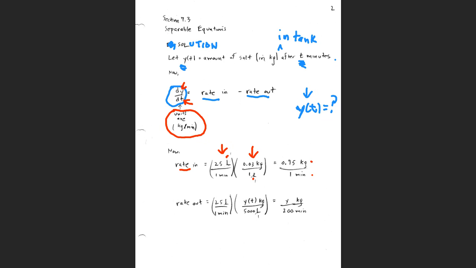Like in chemistry, how many recall that in chemistry you use units to help you? Sure, Masumei knows that. Right, so that's your rate in.